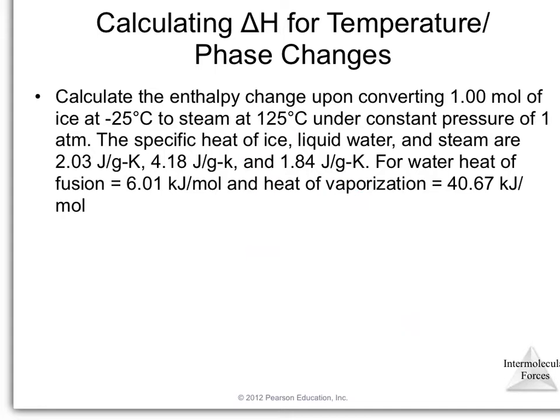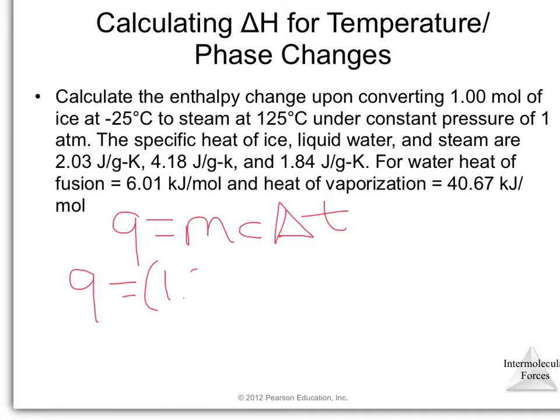Okay, so let's just do from ice, and we know that we have Q equals MCAT. Q equals, I don't have grams, I only have moles. So the first thing I need to do is think about 1 mole. Sorry guys, my handwriting is probably really bad on this.